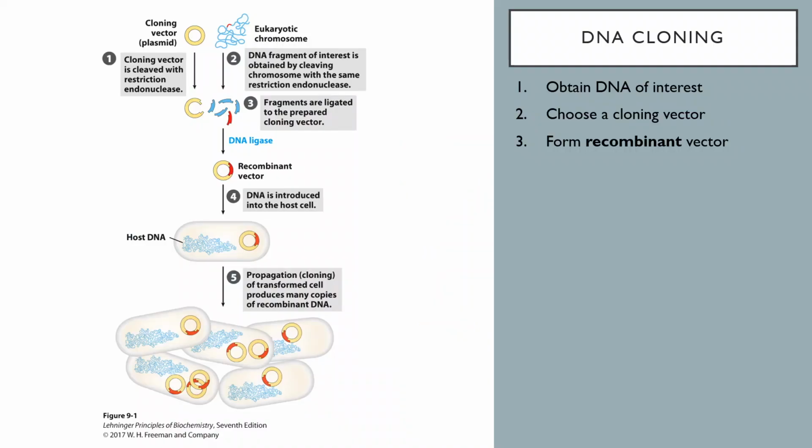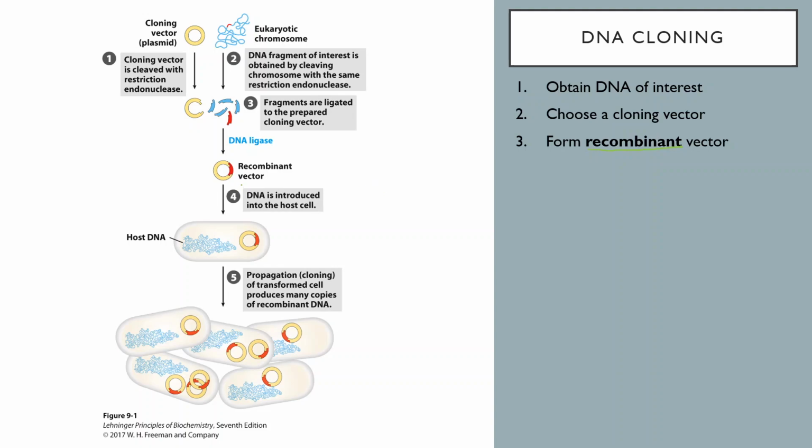So once you have your DNA of interest and your cloning vector, you have to bring them together and make the recombinant vector. The word recombinant just means you've combined DNA from two different places. So you've combined your target DNA, which maybe came from a eukaryotic chromosome, and your cloning vector, which originated in a bacterial plasmid.